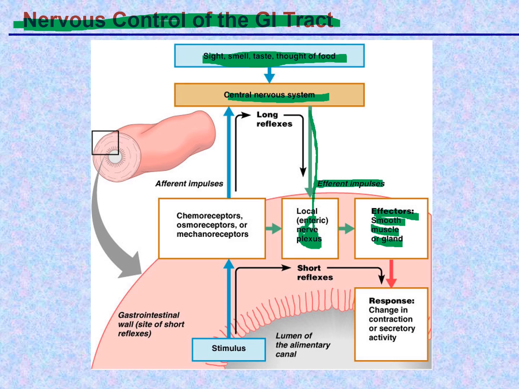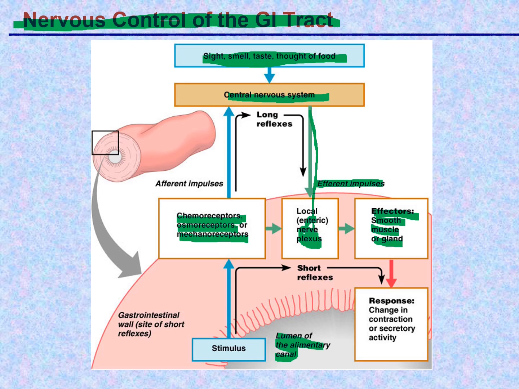There are also sensory signals that involve these longer extrinsic reflex arcs, where the sensory tissue, remember it's always sensory tissue, sends information for central nervous system processing, and then a signal goes out to the effector tissue, to muscle or gland. So here we have signals picked up within the gut by chemoreceptors, chemical receptors, and osmoreceptors. They respond to the tonicity or osmolarity of the solution in the space of the gut, which can change when food is present.